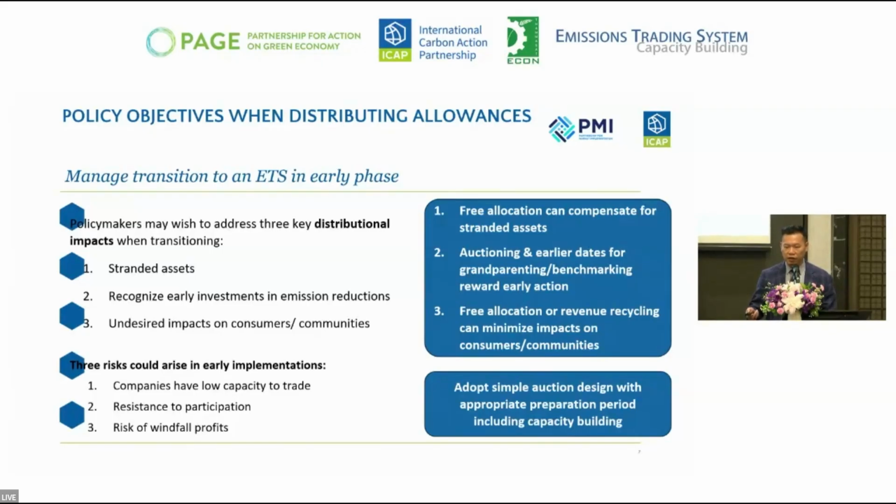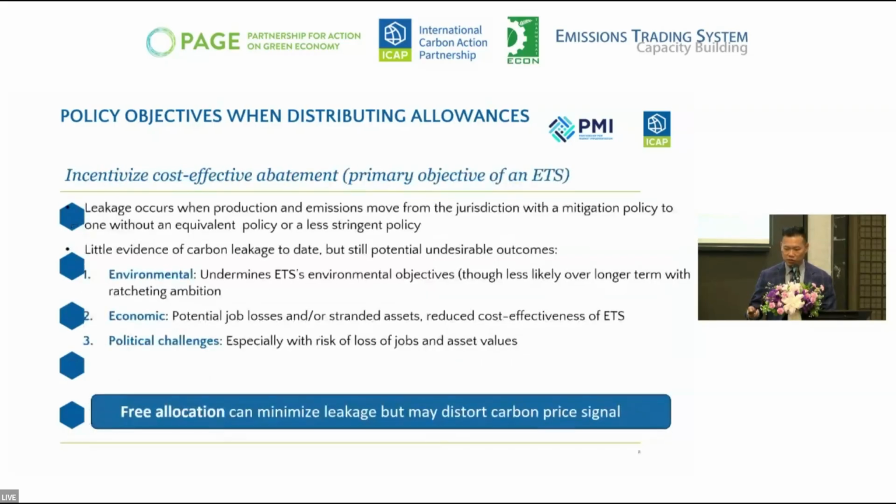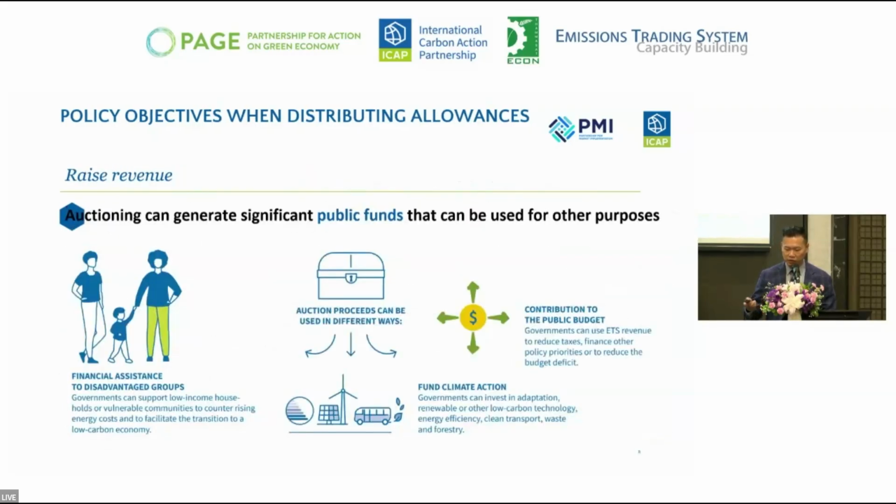And auctioning in early days, or grandfathering and benchmarking, can reward early action, and free allocation or revenue recycling can minimize the impacts of consumer concerns. We also discussed this a little bit yesterday. So there's some concern, and we want to use the allocation methods to manage these concerns.